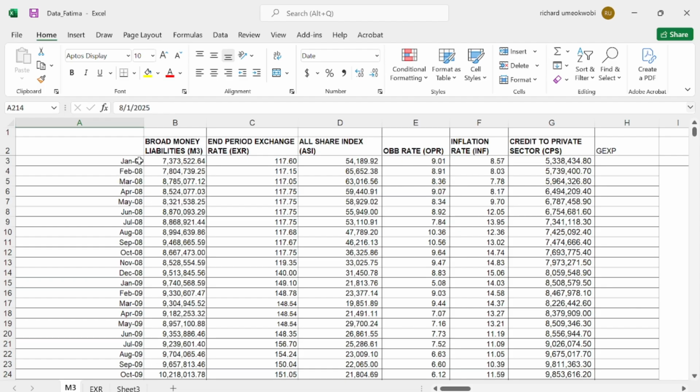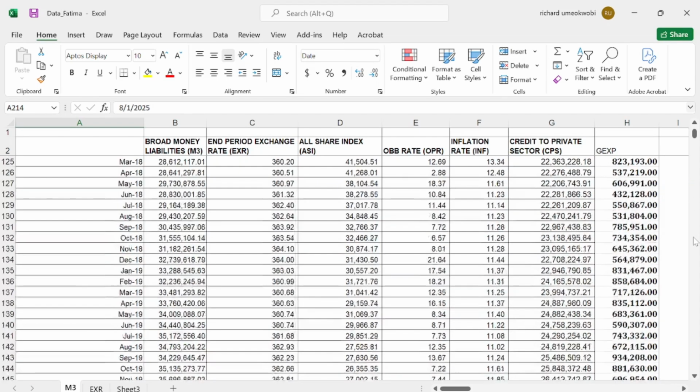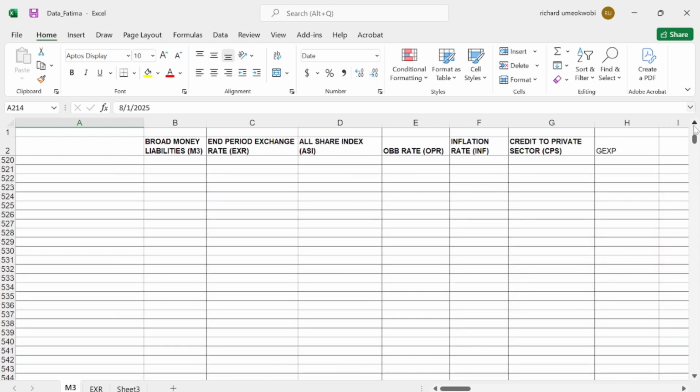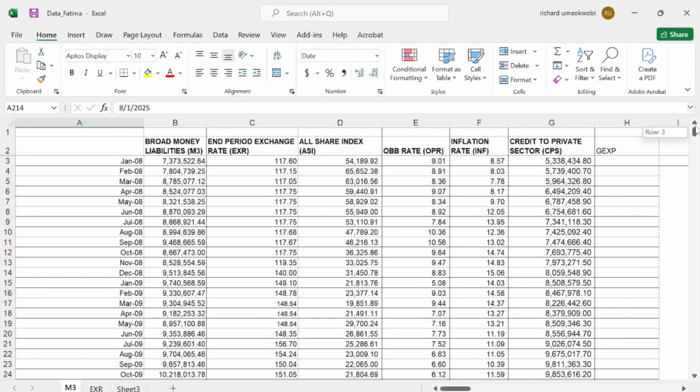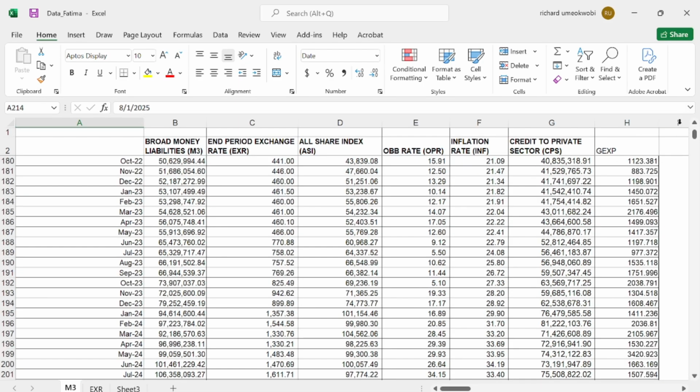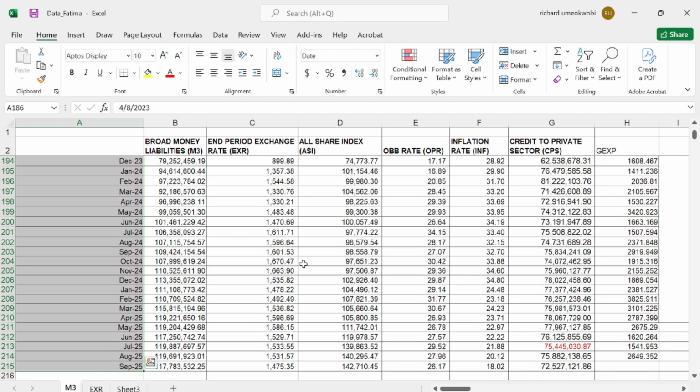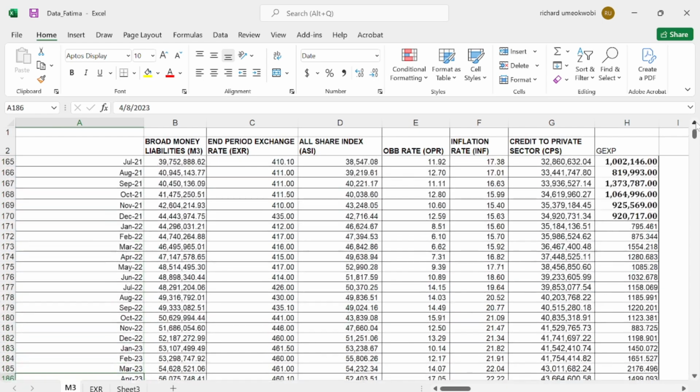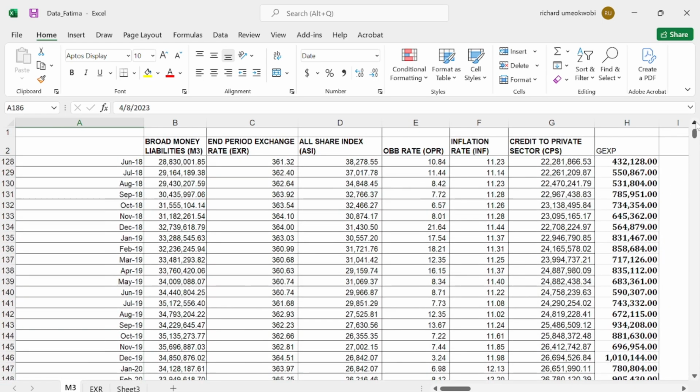Our data set will range from January 2008 down to, I want us to see where it ended, down to September 2025. So it's the current data, which will enable us to make interpretations or conclusions from our analysis.